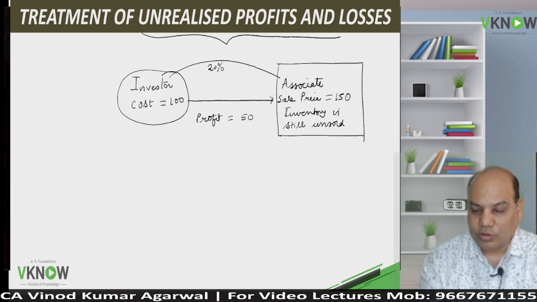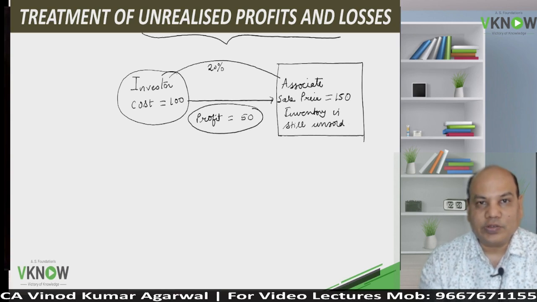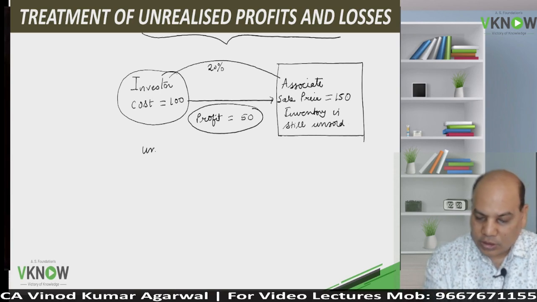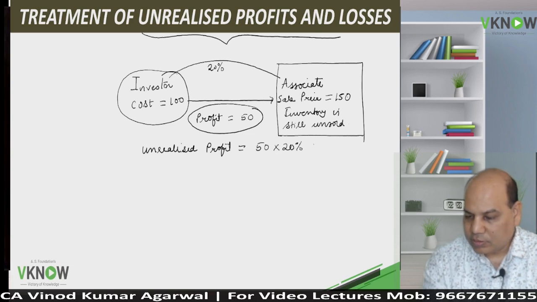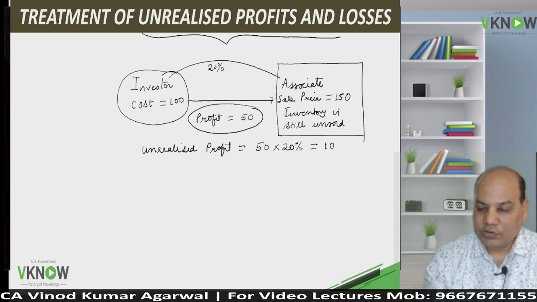So what we are going to do, out of 50, is not realize the profit to the extent of the investor's share. Unrealized profit will be 50 into 20%, that is 10. This is called unrealized profit.